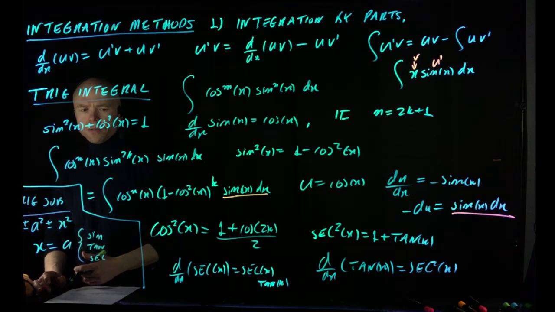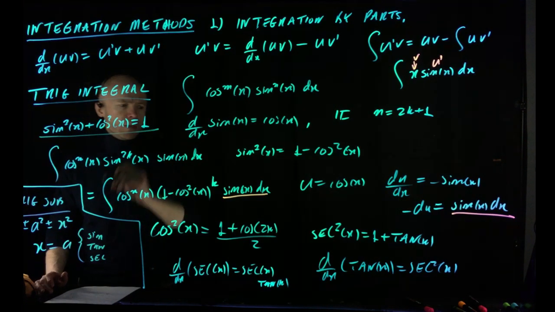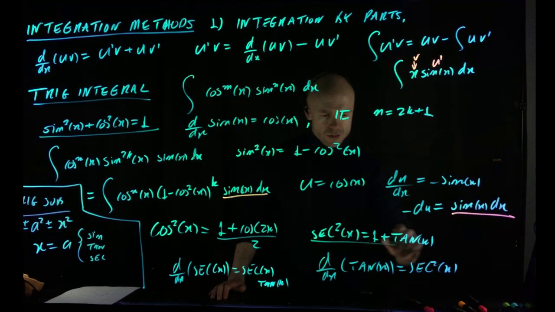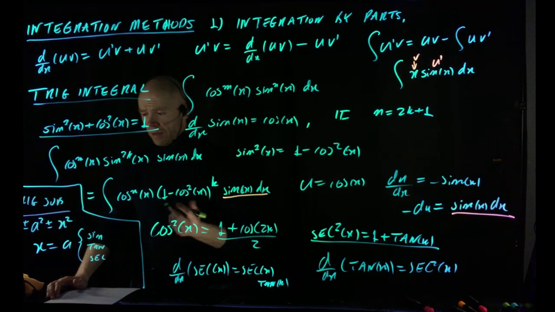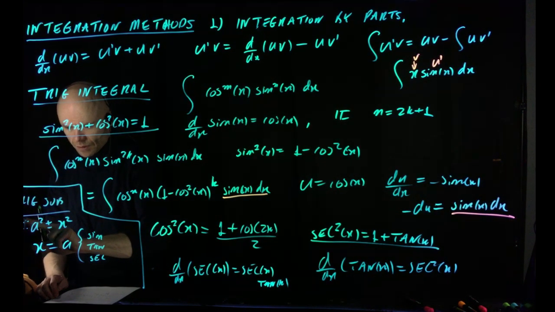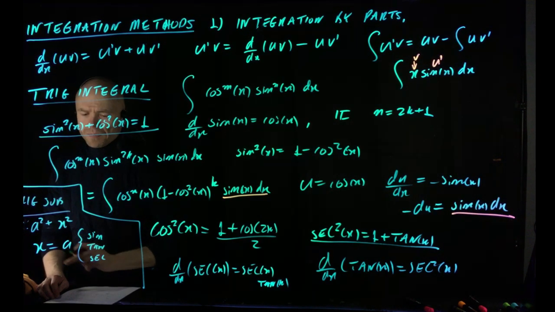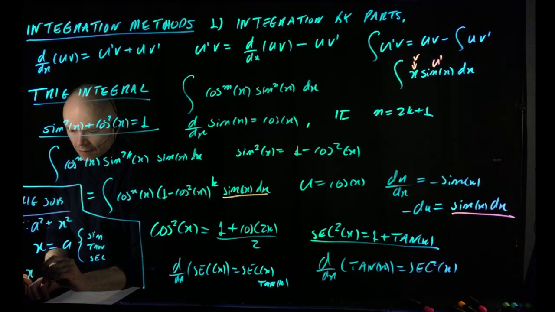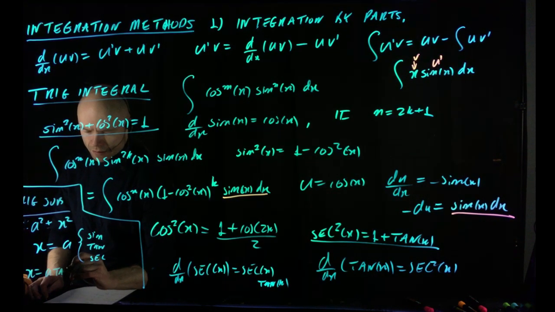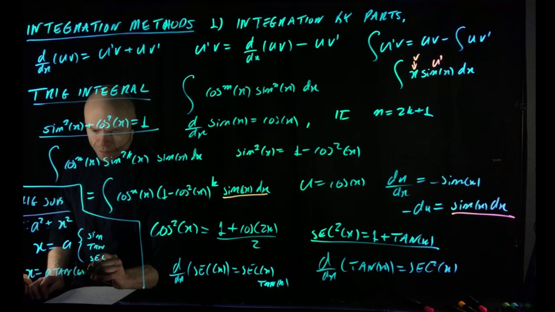And the point was to use this identity or this identity to kill the square root, right? So if, for example, we had like this, then our natural option would be to use this guy and let x be a tan of theta.